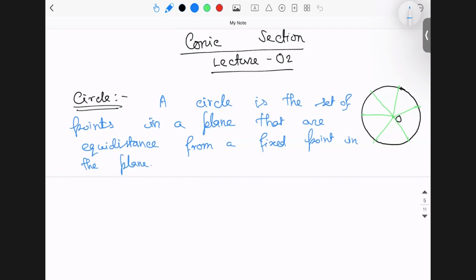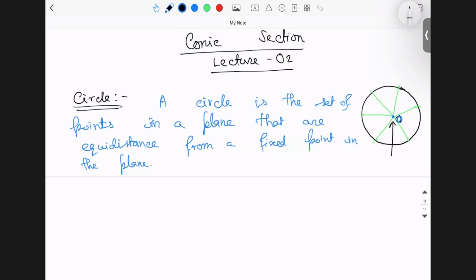Okay. So whatever I have told, we have a fixed point and the set of all those points which are equidistant from that fixed point. The fixed point is denoted by the point O. The black line denotes the set of all those points which are equidistant from the point O. Okay. So this O is called the center of the circle.